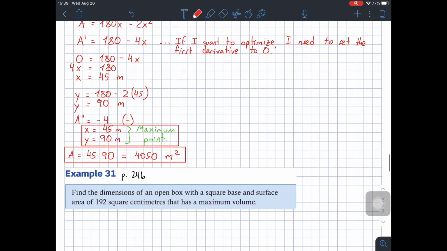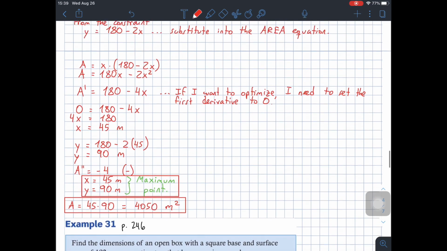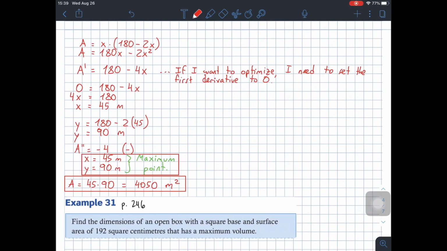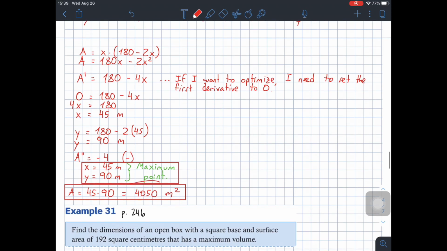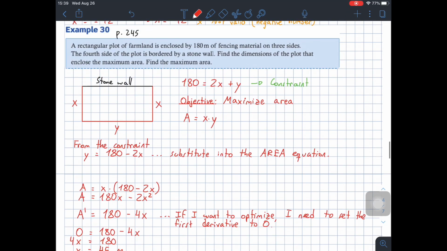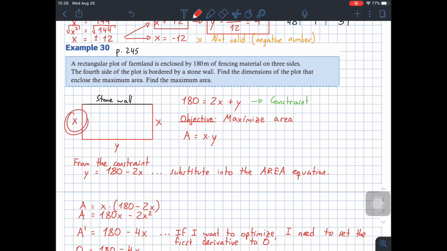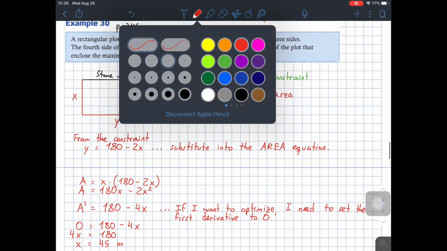And if you want to make an experiment, you can try finding different pairs of values for x and y, and you will see that none of them will produce an area greater than 4,050. Remember that the constraint should always be fulfilled, right? So let's do an experiment.